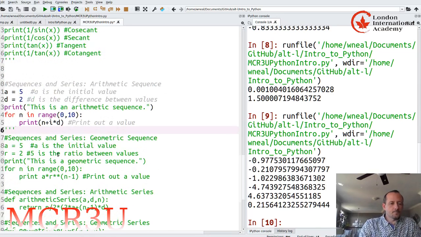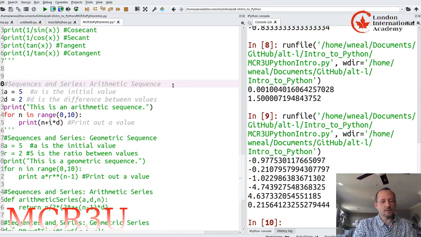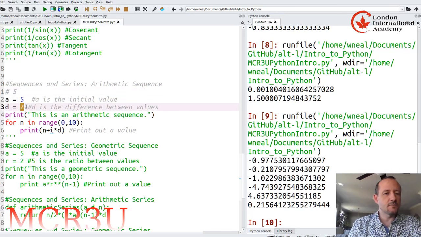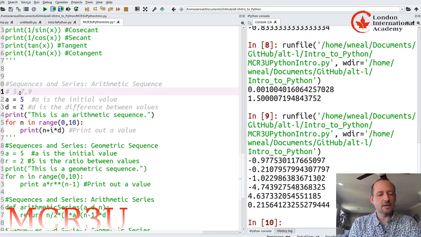Okay, so here is the definition of an arithmetic sequence. So A is the initial value, and D is the difference between each new value and the old value. So 5, and we add 2, it's 7, and we add 2, it's 9, and we add 2, it's 11, and so on.